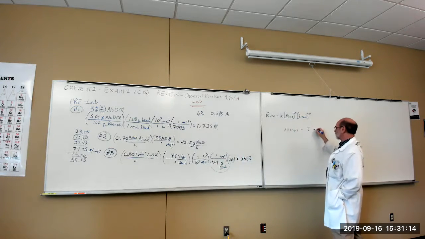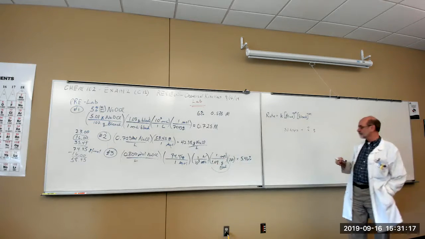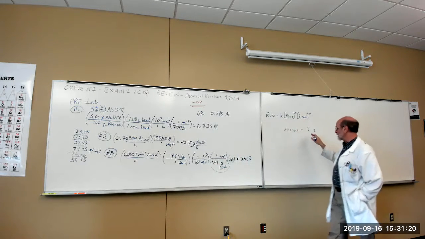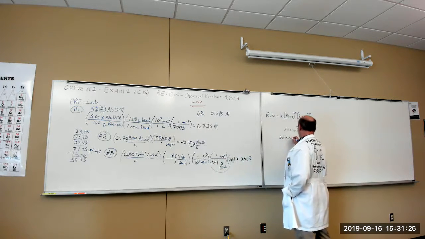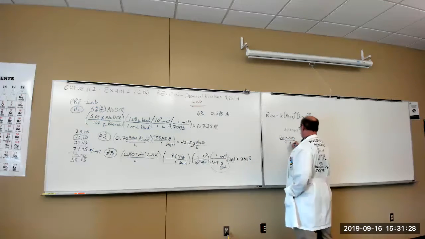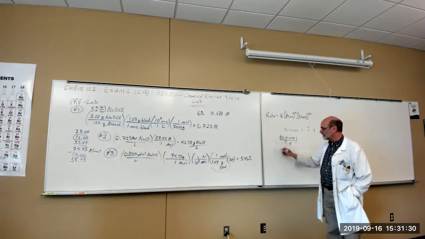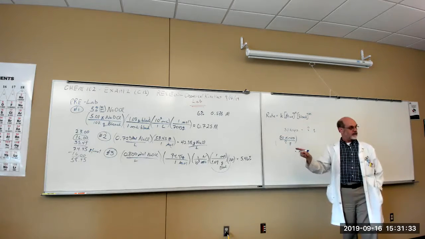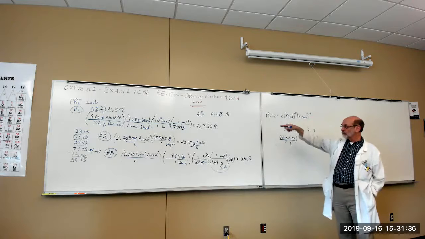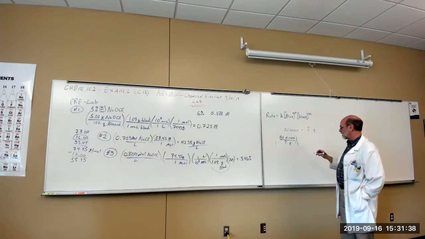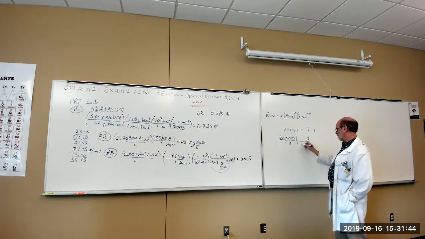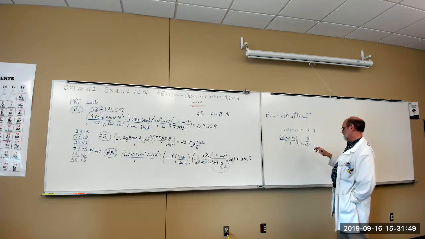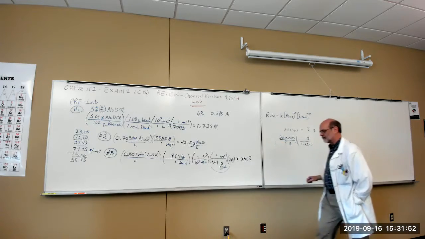So 50 drops equals this mass. Then you use the density, because we already know the density is 1.09 for that one. That's grams, 1.09 milliliters. I really ought to flip it.